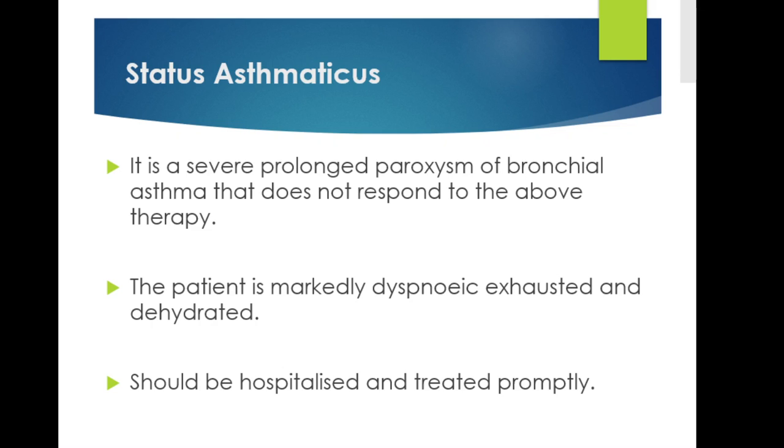And the next is status asthmaticus. Already we have learned that status asthmaticus is a severe prolonged paroxysm of bronchial asthma that does not respond to bronchodilator therapy. The patient is markedly dyspneic, meaning he has great difficulty in breathing, and is exhausted and dehydrated.